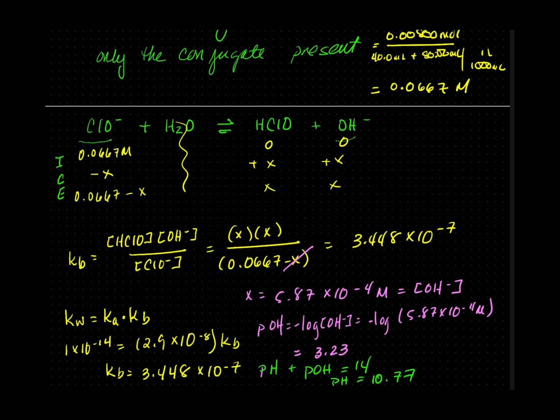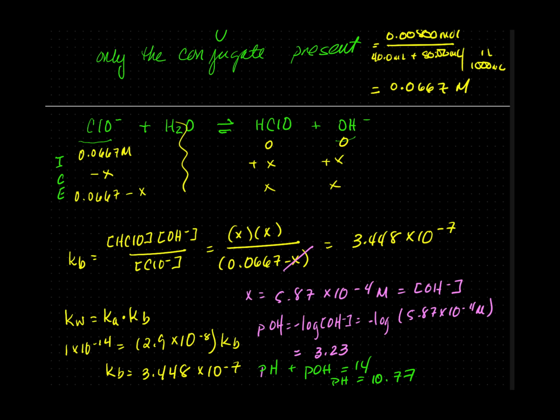Equivalence point. The moles of acid and the moles of the strong base added cancel each other out. They are completely neutralized. So there is no weak acid or strong base. Only thing present is this conjugate base. So when I do the ICE table, I must start with the conjugate base as my reactant.